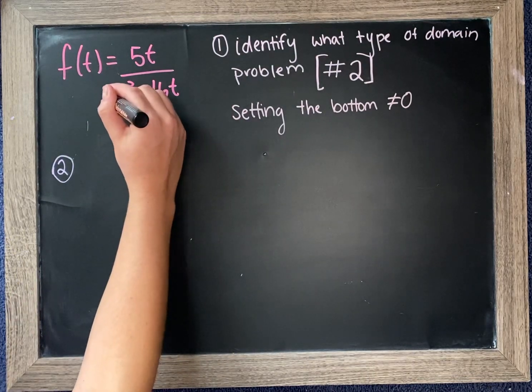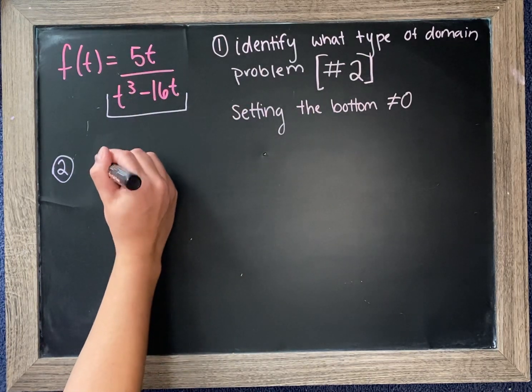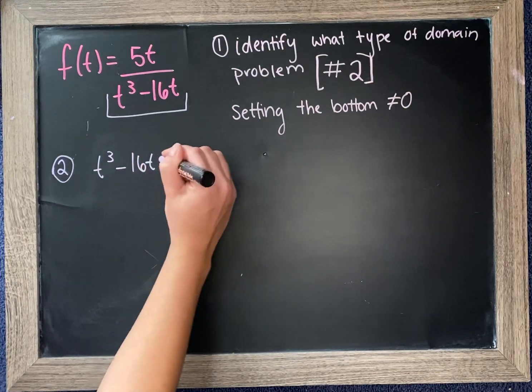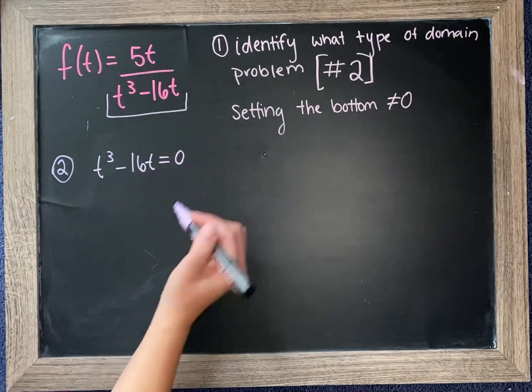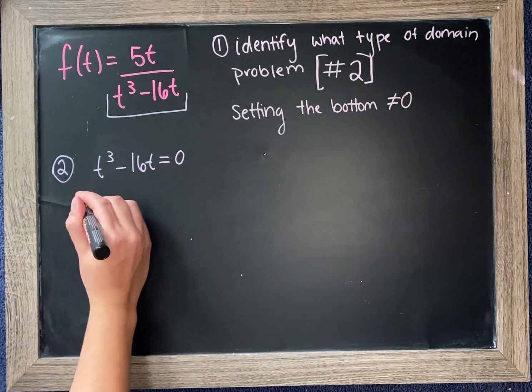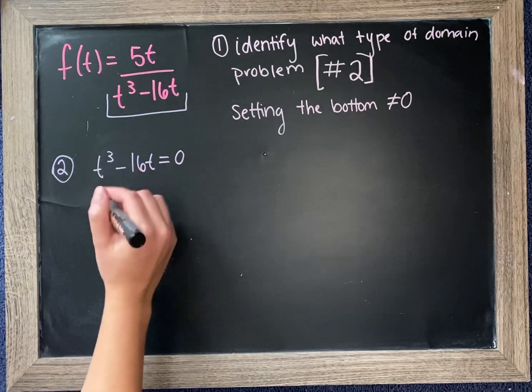So we're just going to take this part of the equation. We don't need that 5t, so we're going to take t cubed minus 16t equal to 0. And then for this, the best way to do this would be taking a t out of the equation, and then putting it into parentheses.